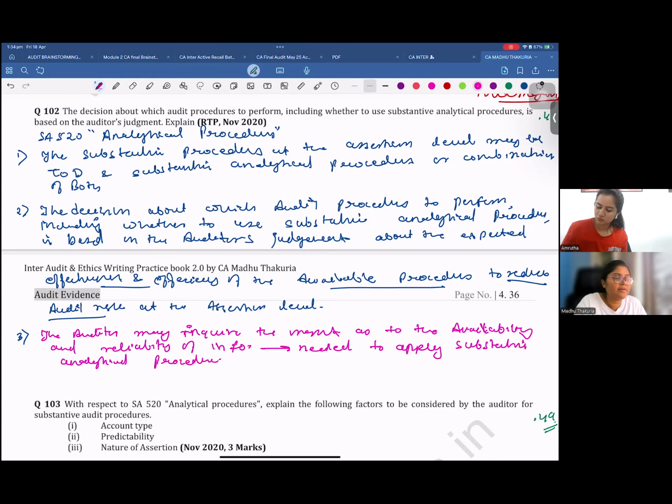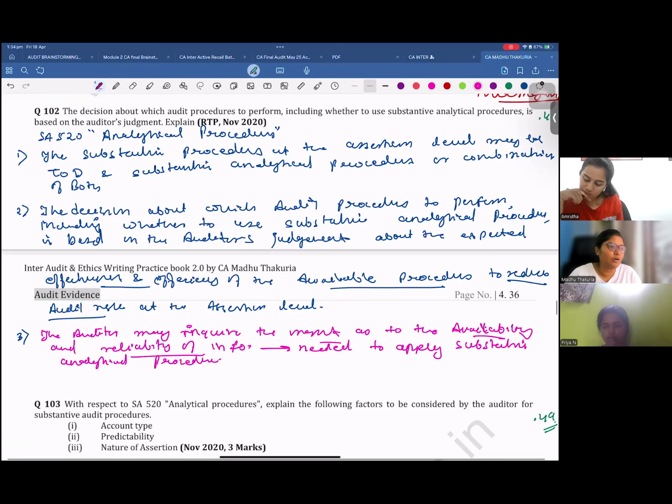Please logically understand, just because you decided that you will use analytical procedure doesn't make your life easy, unless you call up the management and ask them, I want to apply the substantive analytical procedure for many assertion levels. Can you tell me, will you be able to provide at least this data to me? Because what if the data is not available with the management? What if the data cannot be extracted from their ERP system? So you choosing to do analytical procedure will not help, right? You need to have the data. So please inquire with the management as to the availability and reliability of the information.